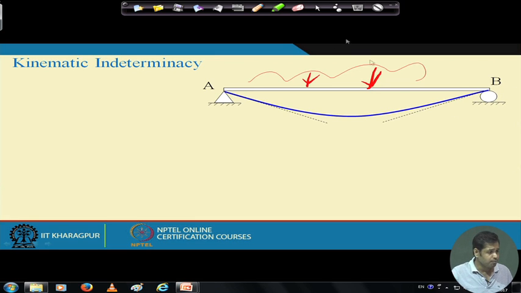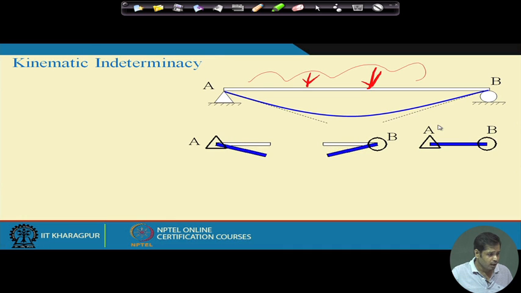Now, these are the degrees of freedom at various joints. Joint A, only it rotates. Joint B, it rotates, and also translates horizontally since it is a roller support at B. The roller support can also move in this direction.